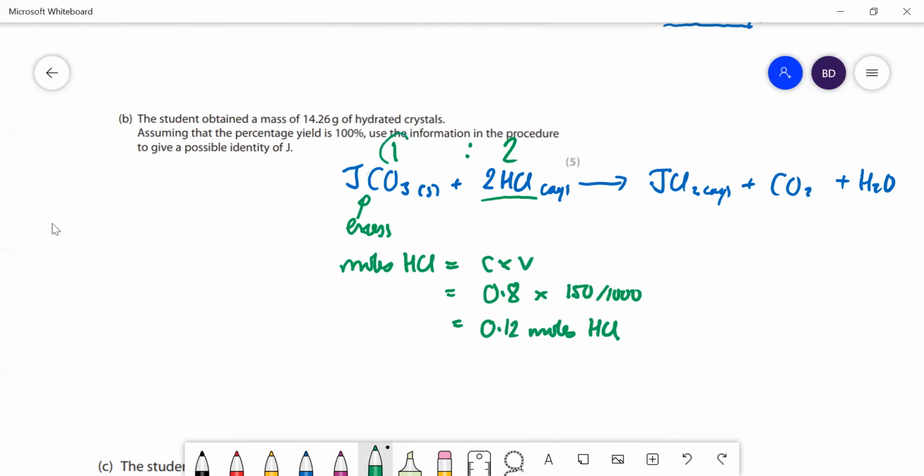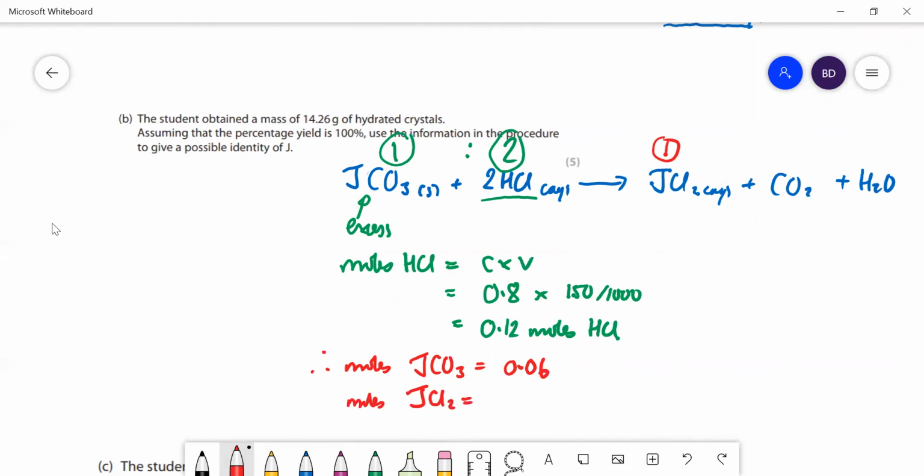Right, it's a 1 to 2 ratio, so we can say therefore the moles of carbonate reacted is going to be 0.06, and we're going to also form moles of JCl2 is going to be 0.06 moles.